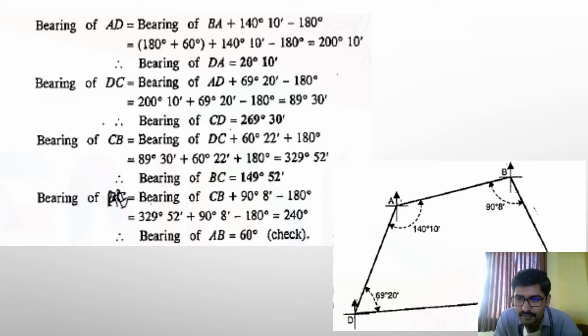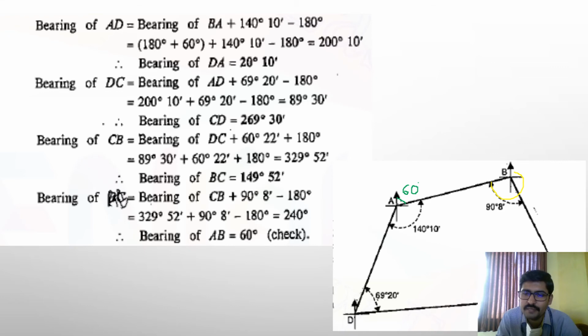Bearing of BA is this angle, right? So the bearing of line BA is to be found out. Bearing of line AB is given as 60 degrees. I will show you where exactly the 60 degrees is. This is given as 60 degrees. So the bearing of line AB is 60 degrees.